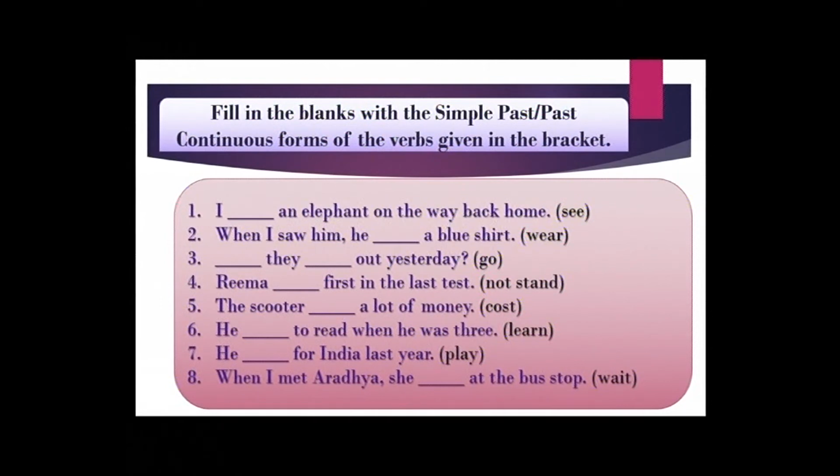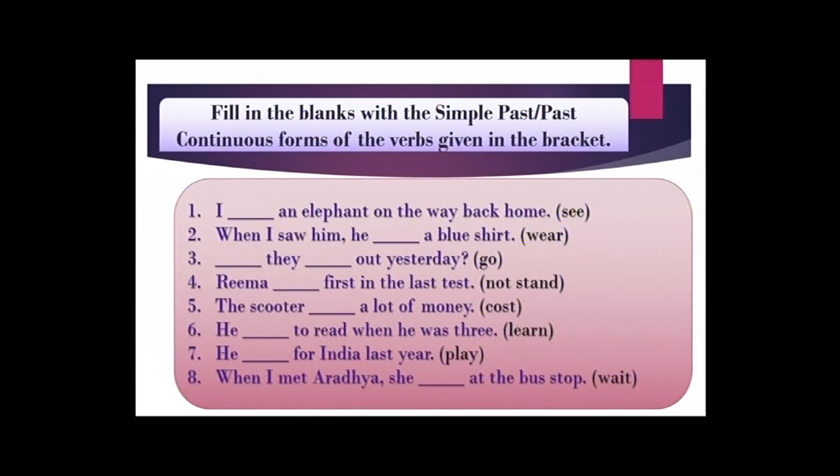Third, dash they dash out yesterday, and the verb is go. Fourth, Rima dash first in the last test, and the verb is stand. It is to be used with not. It means it would be a negative sentence.